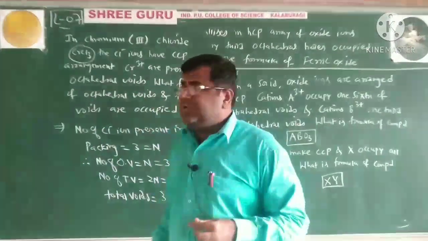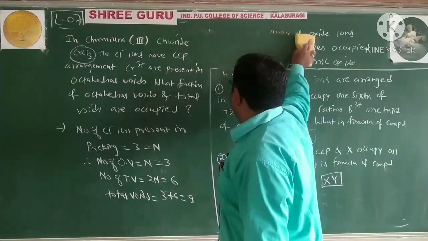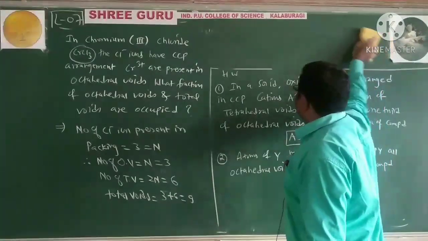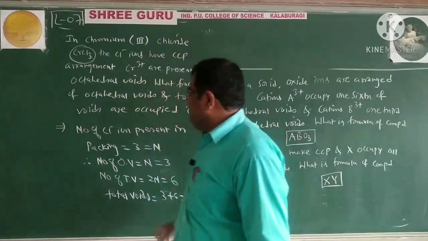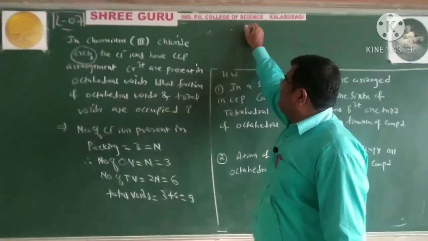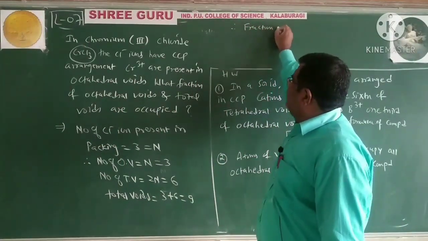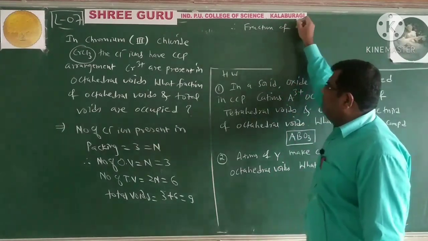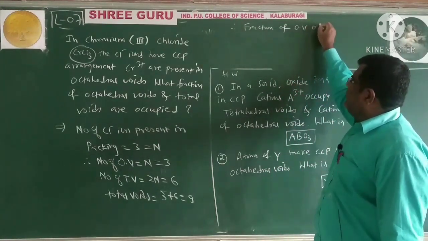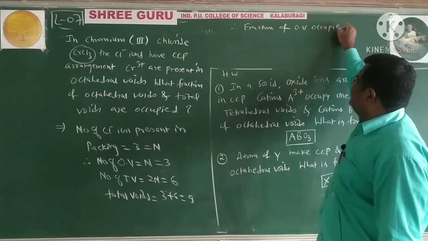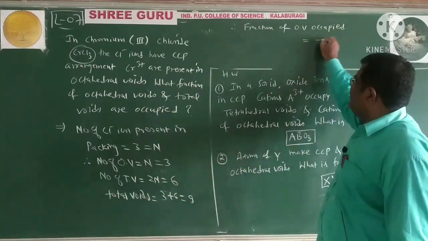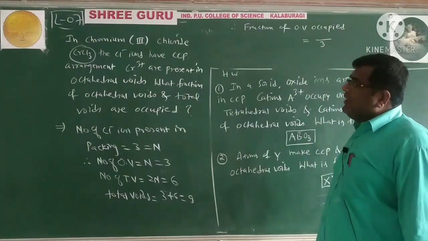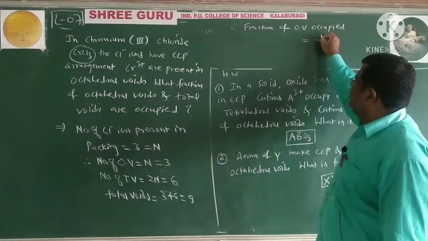And they asked about the fraction of octahedral holes. So you can say fraction of octahedral holes occupied is equal to, how many octahedral holes are there? 3. But how many chromium are there? Only 1.